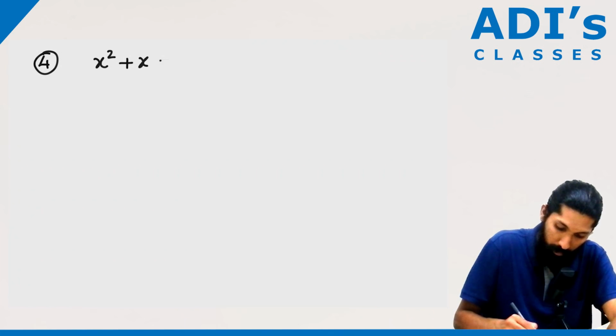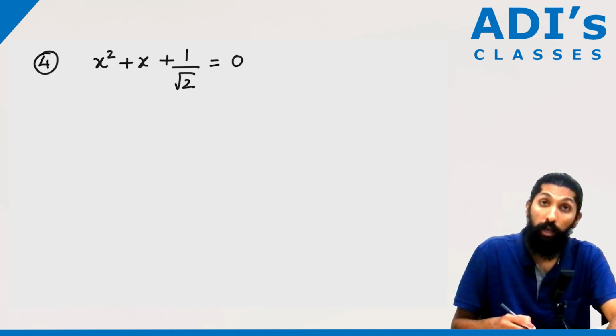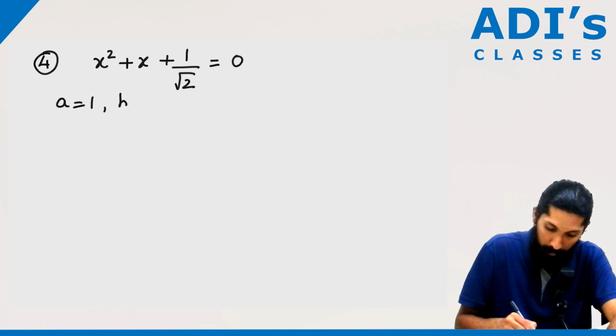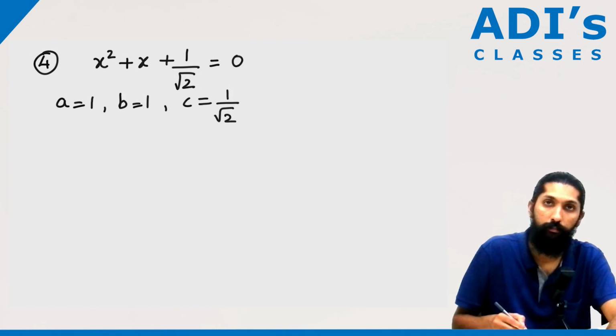See the fourth one? The fourth one is x square plus x plus 1 by root 2 is equal to 0. Again, use the same formula. A value is 1, B value is 1, C value is 1 by root 2.